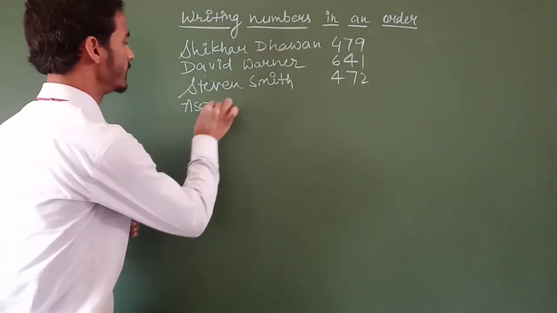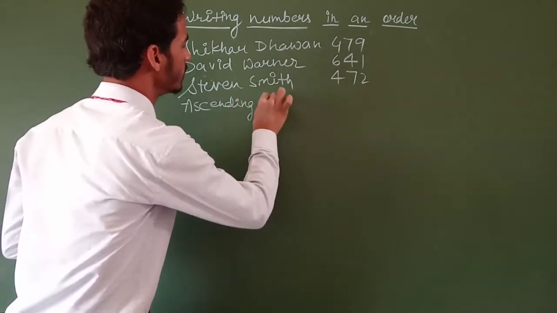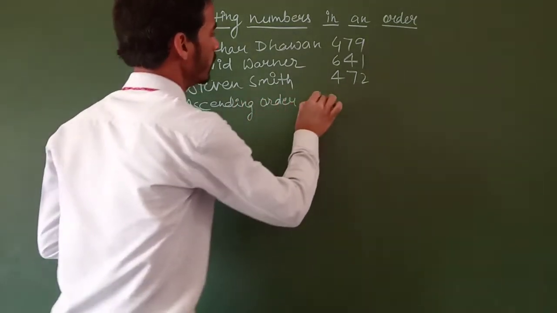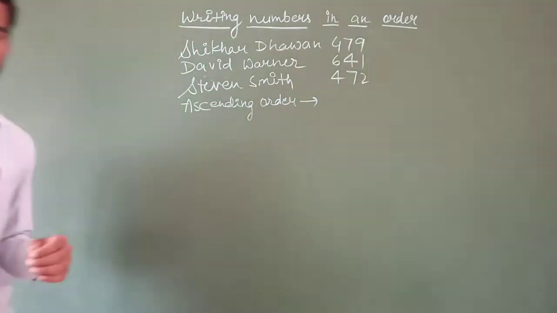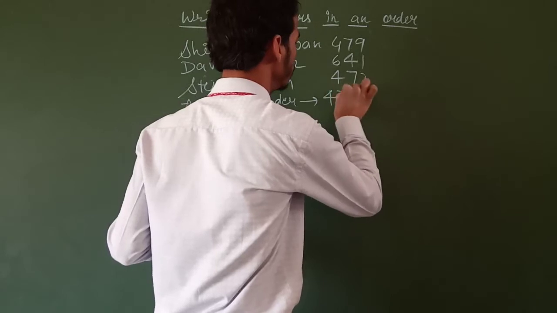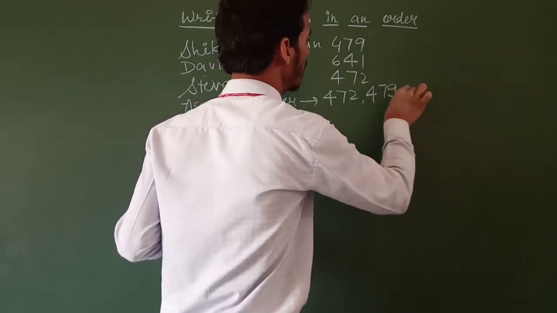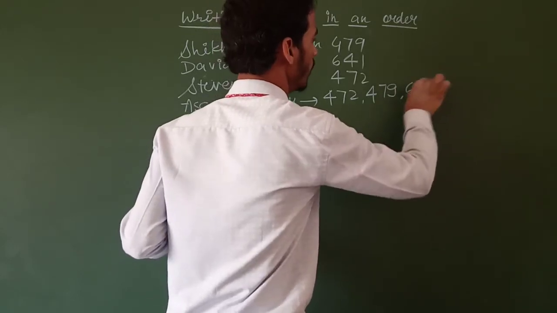Firstly, we have to arrange it in ascending order. When we arrange in ascending order, we have to write from the smallest to the greatest. The smallest number is 472. After that will be 479 and after that there will be 641.